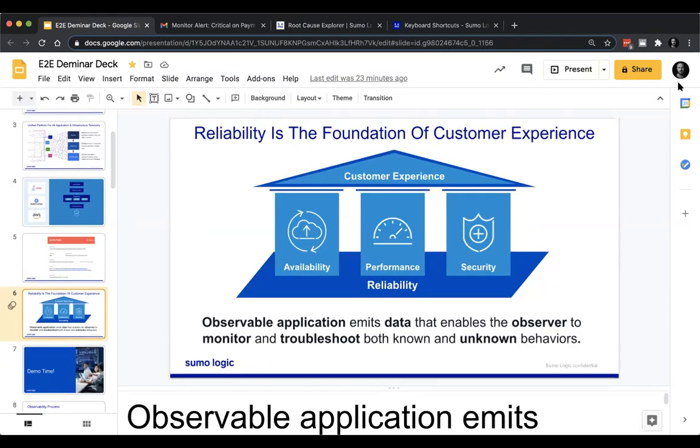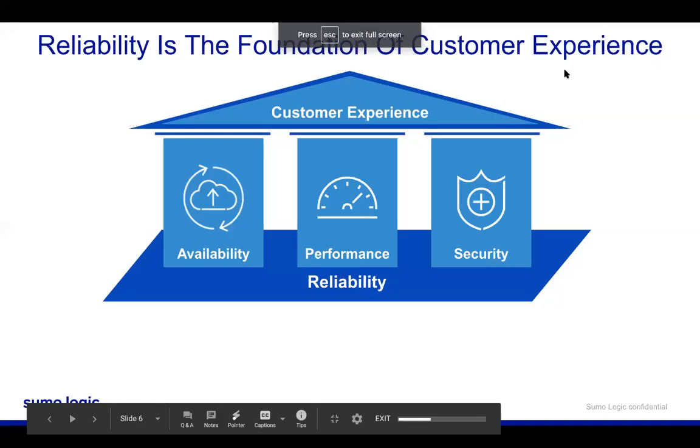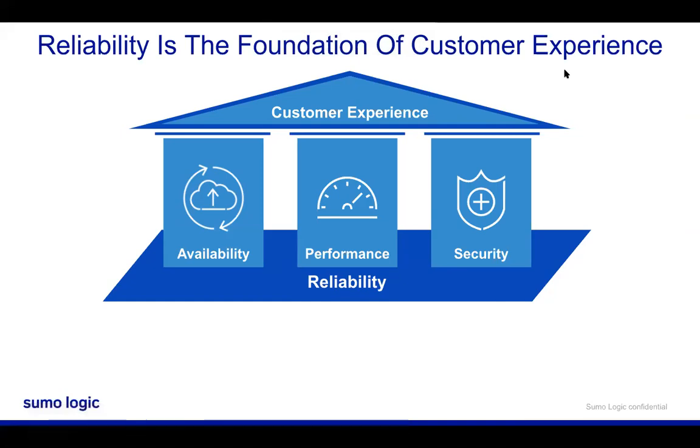If you aren't familiar with observability, I hope you feel a little bit more comfortable now. A key thing to understand is that observability is not just monitoring, but really has the goal of reliability. And reliability you can measure in performance, availability, or security.